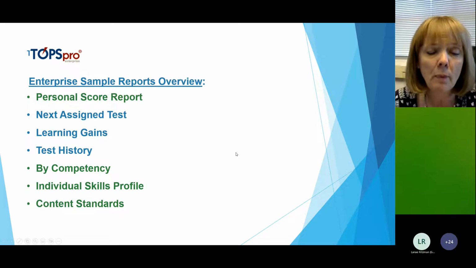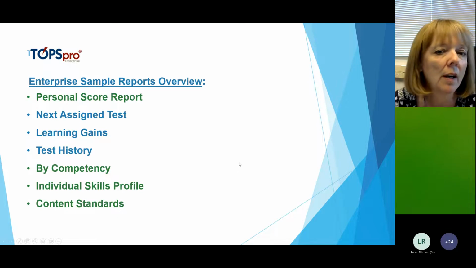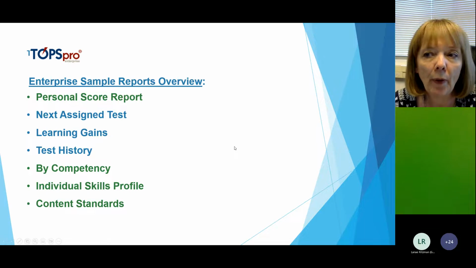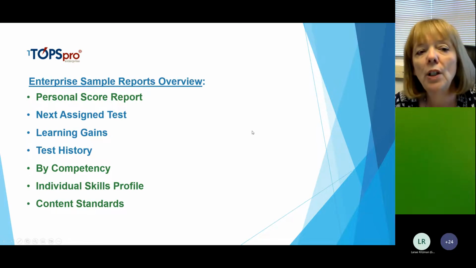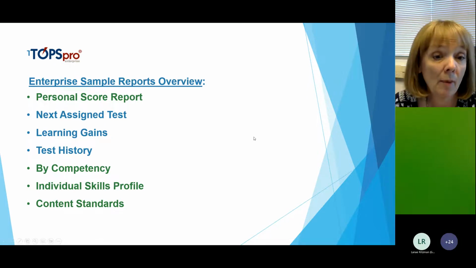If you're only using paper pencil, you can still access these reports. You just need to use CASAS's answer sheets, and then they will help you to be able to input this into TOPS Pro. I have only used the TOPS Pro Enterprise and the e-tests, and I highly recommend those if you can do that.